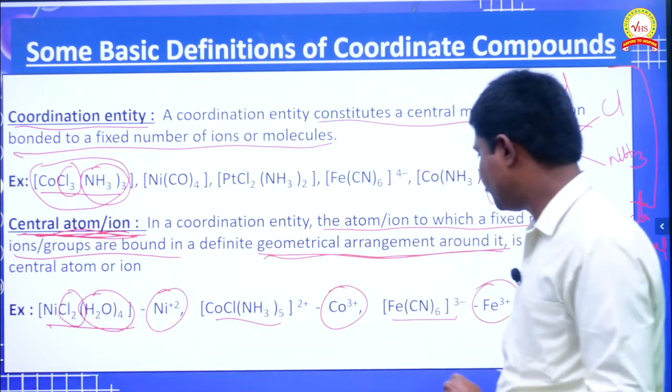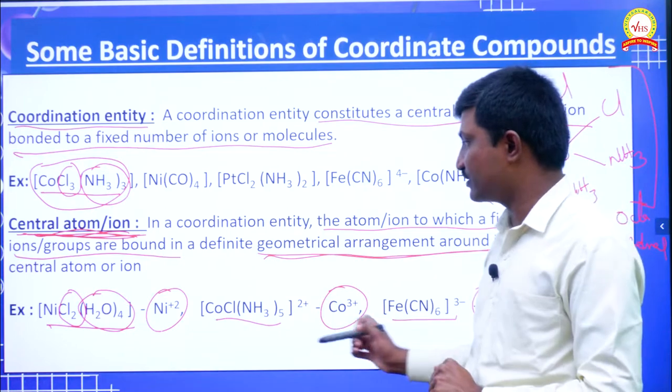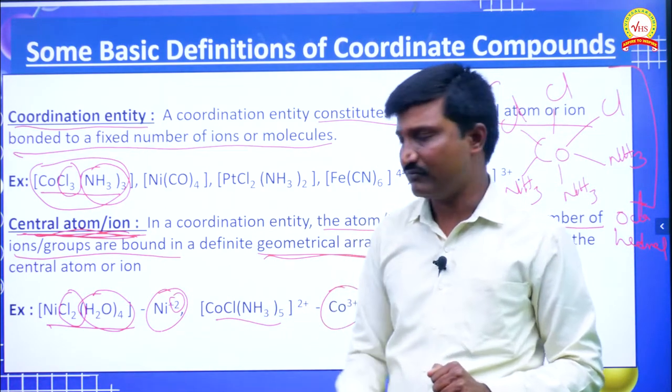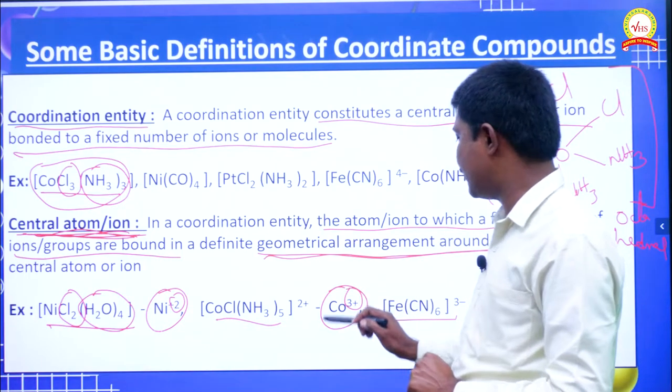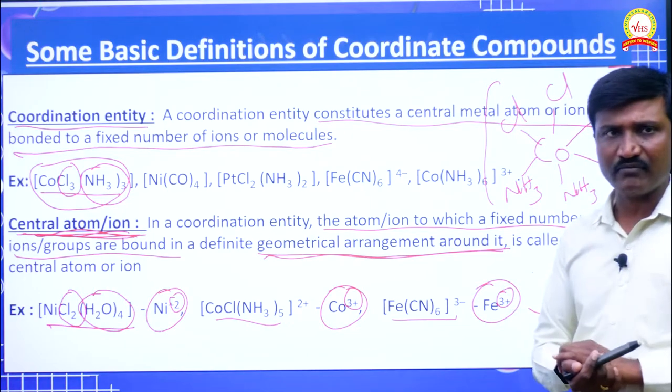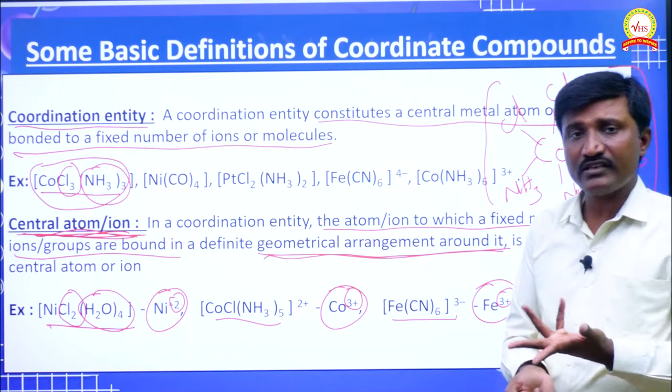For example, in these compounds, nickel is present as +2, so that is a central metal ion, not atom. Here also Co+3, central metal ion, not atom. And here also Fe+3, central metal ion. But when do we say atom?